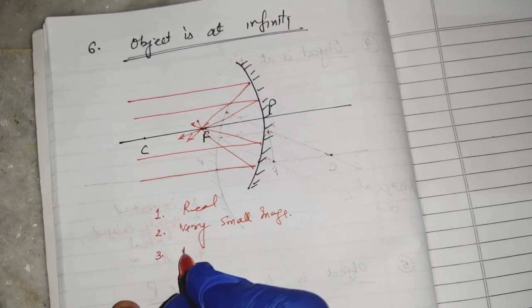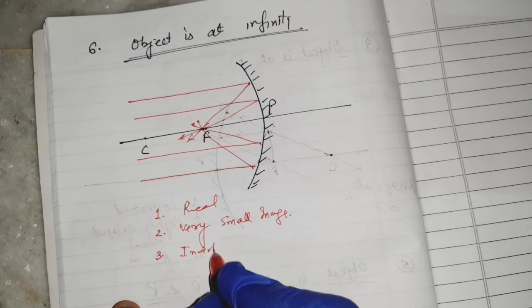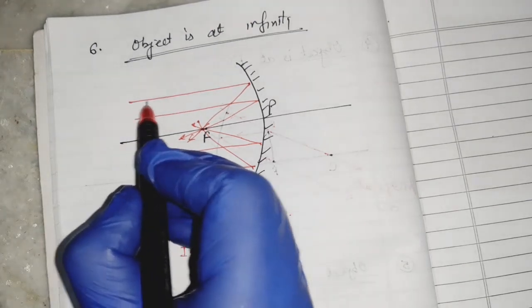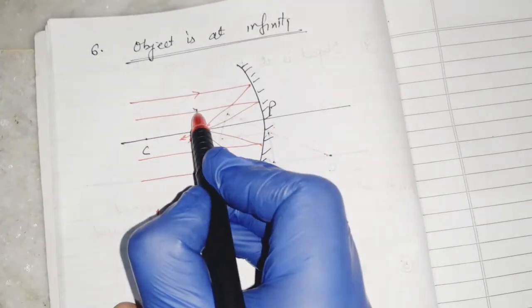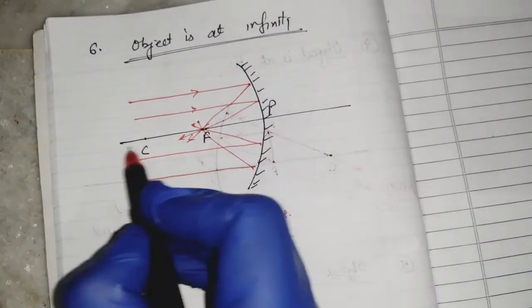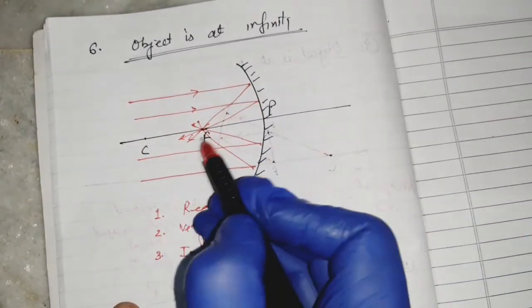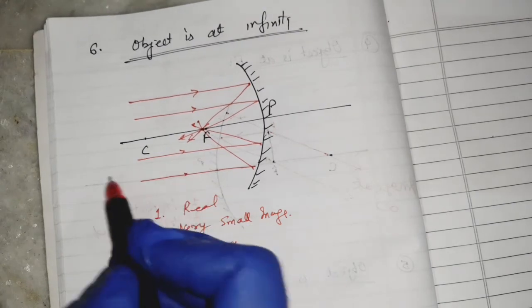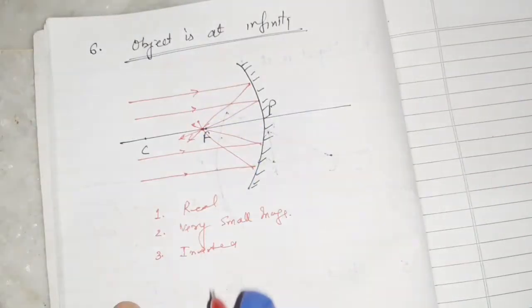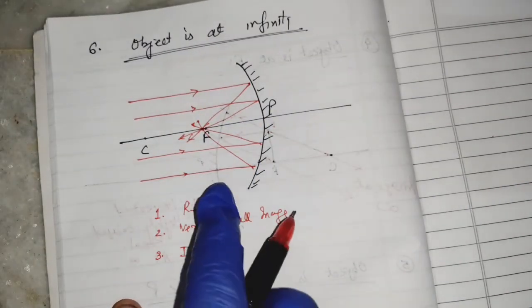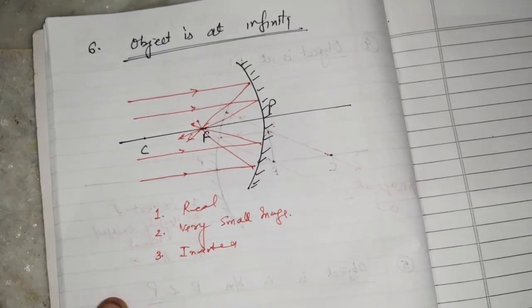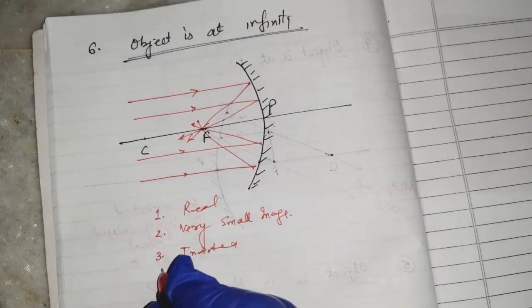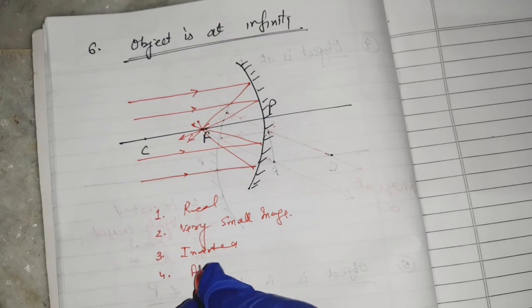It is again inverted. Why is it inverted? Because the ray from the upper part of the principal axis goes downward, and rays below the principal axis go upward, and this is your real image, a very small image, inverted and formed at focus.